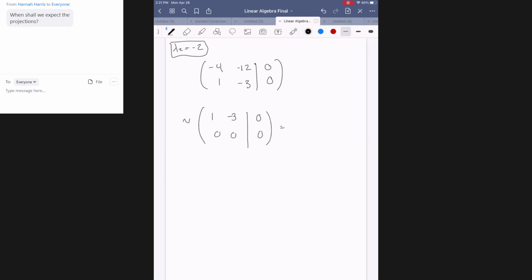So that means v1 is going to equal 3 v2. In other words, v in this case is going to equal v1, v2, which is just 3 v2, v2, and v2 is free. Factor v2 out, you get (3, 1). So this is your eigenvector as well.